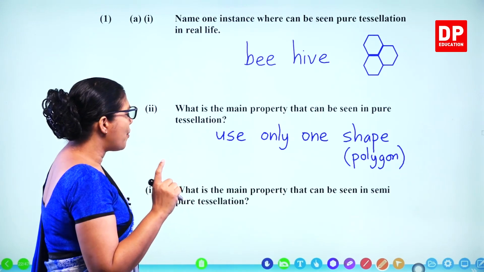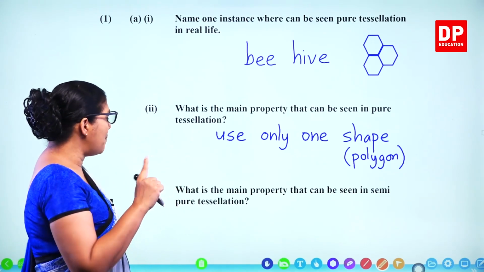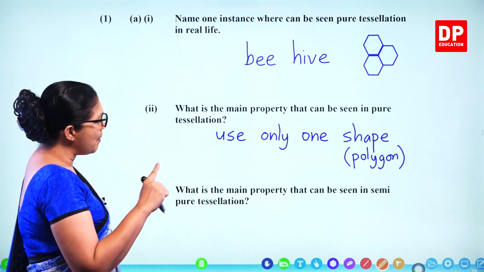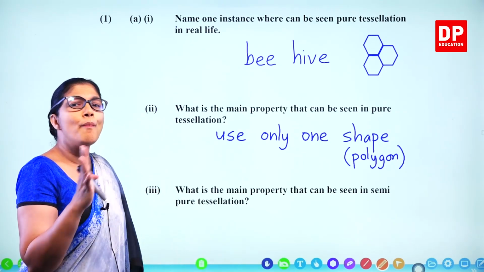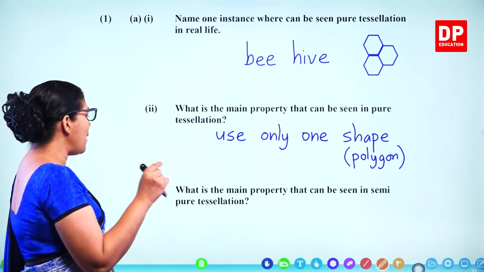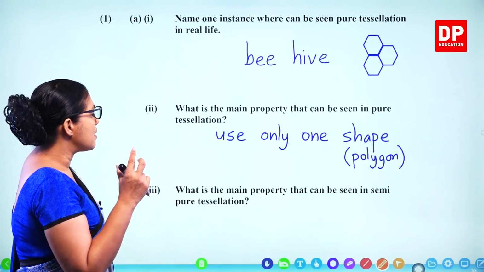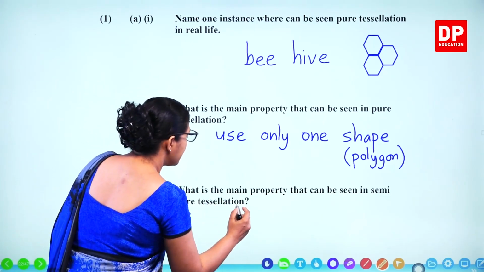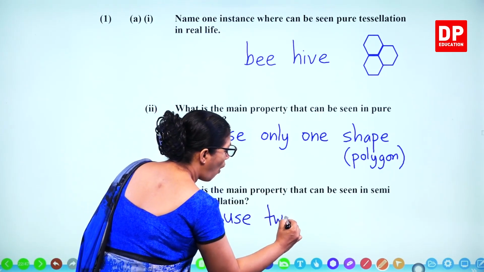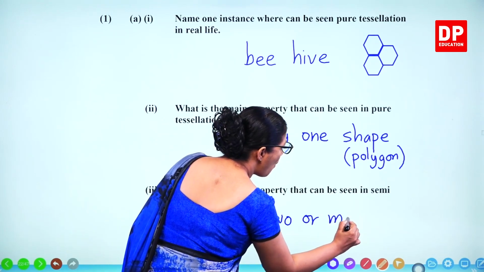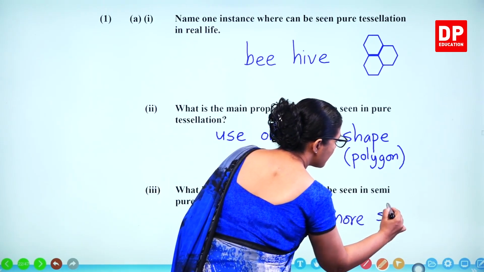What is the main property that can be seen in semi-pure tessellation? Semi-pure tessellation, combination of 2 or more shapes. We call semi-pure tessellation. So what is the main property? Use 2 or more shapes.